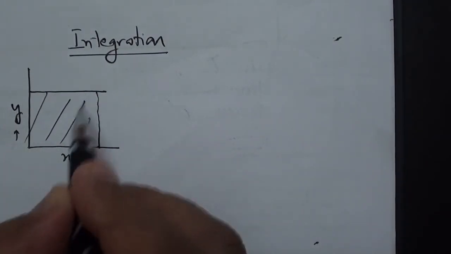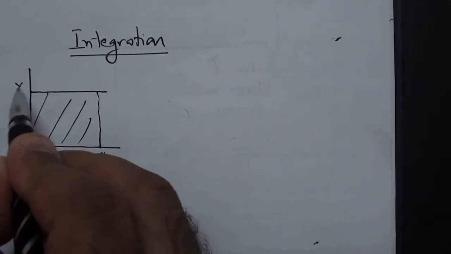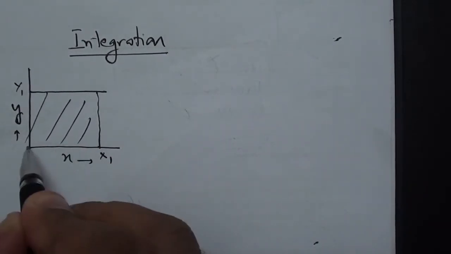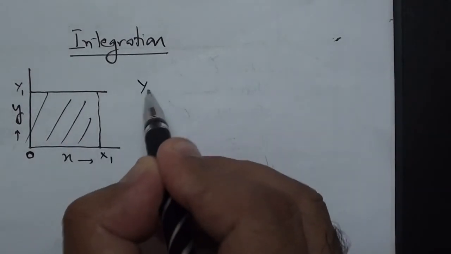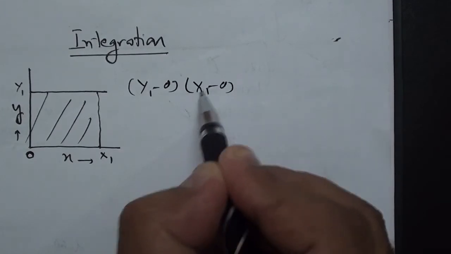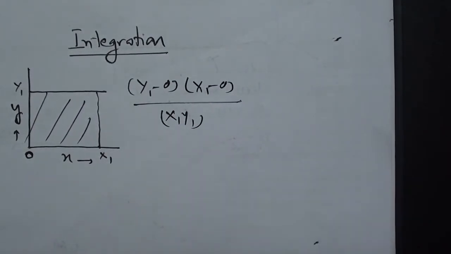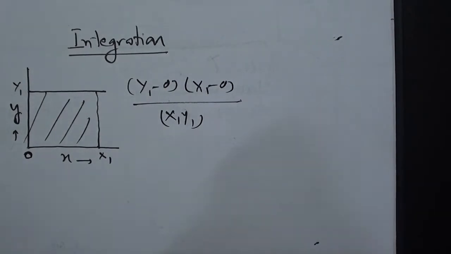We have a rectangle, we can see what is the value of x here, what is the value of y here. So this multiplied by this. So it will be y1 minus 0 and multiplied by x1 minus 0. So x1, y1 will be the value of this area.